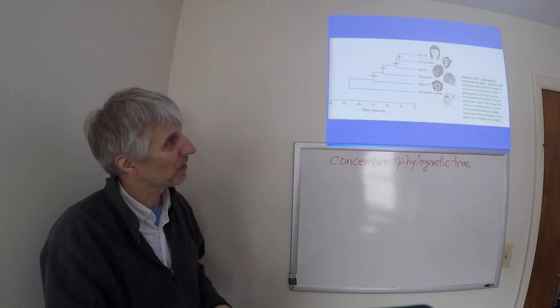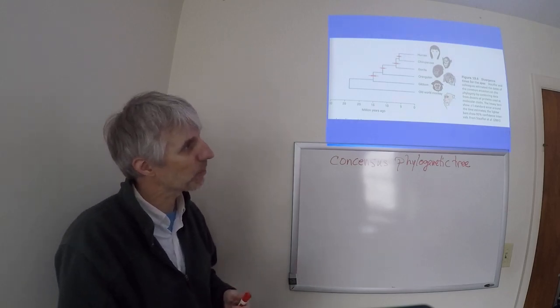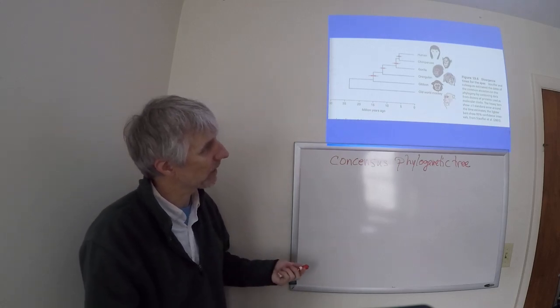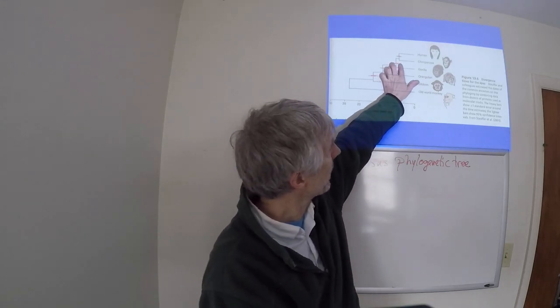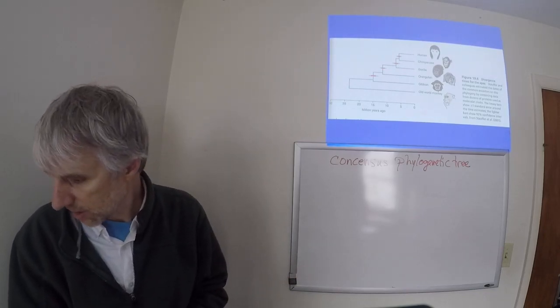Currently, we accept that humans are more closely related to chimps based on DNA and protein sequences than we are to the gorillas or orangutans or gibbons or the old world monkeys. The red in here is kind of the plus or minus the standard error.